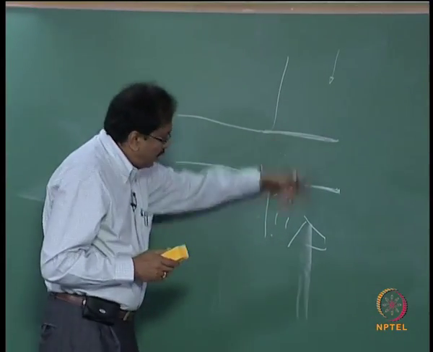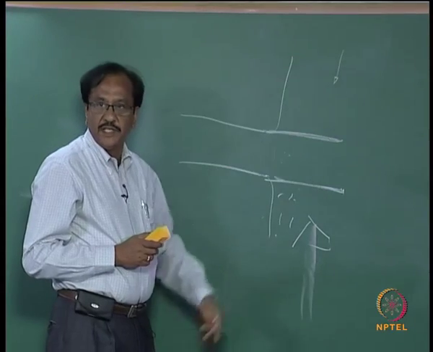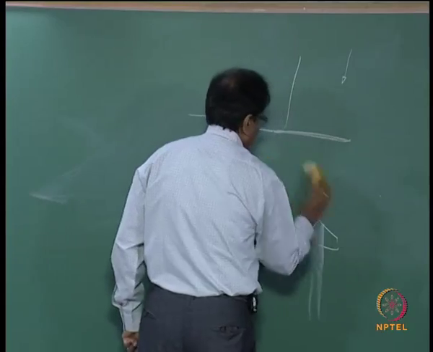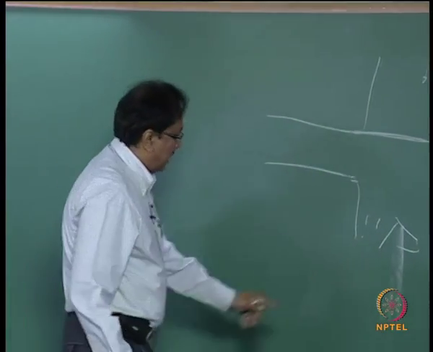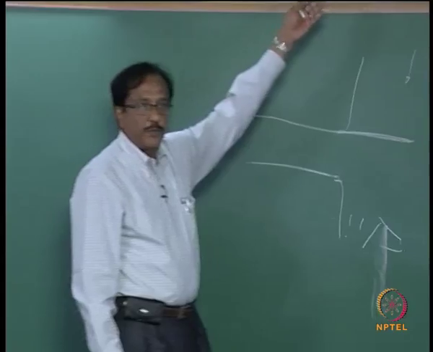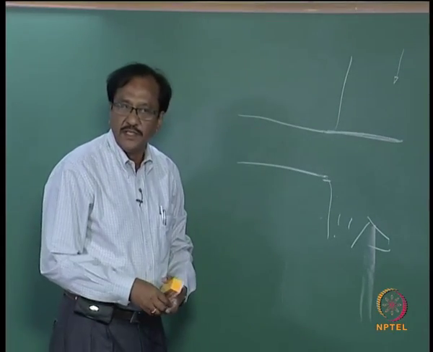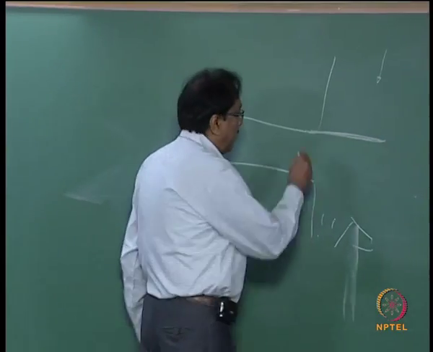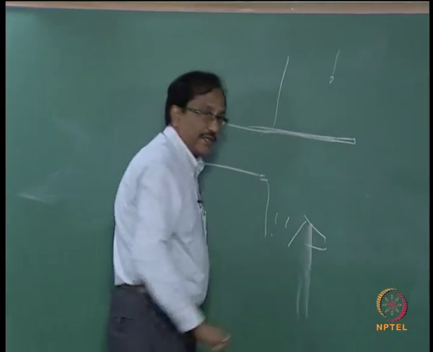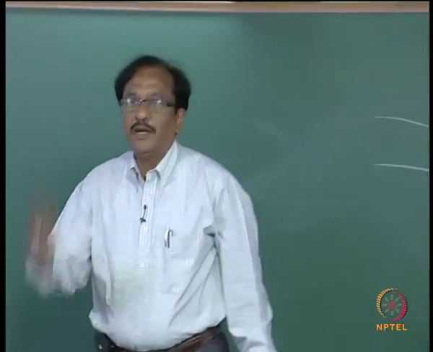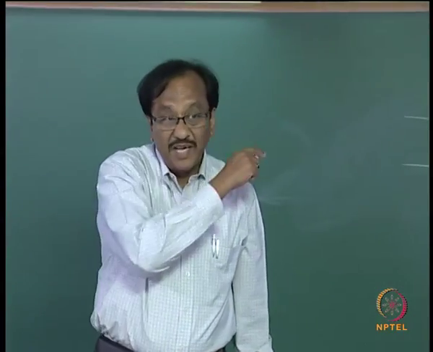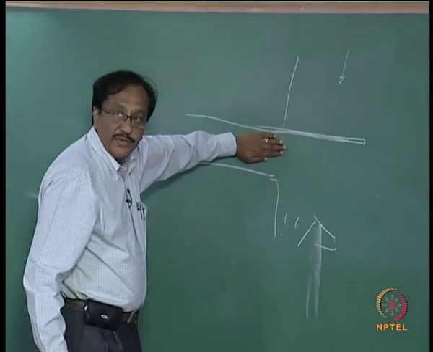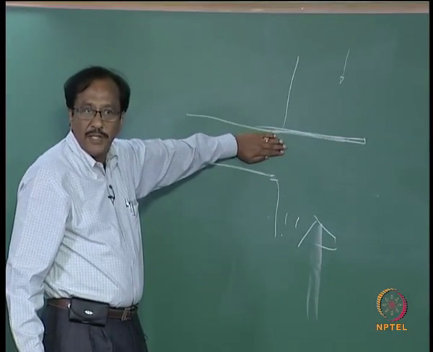Suppose you do not know about the direction and by chance, in a location where the direction of sediment transport is predominant in this direction and there is only very little transport in this direction, and you have raised a training wall in this way in order to serve as a protection measure for this river mouth, that is not going to work.